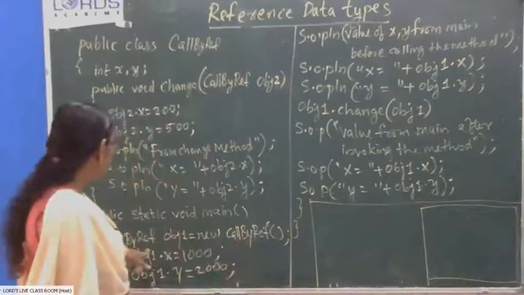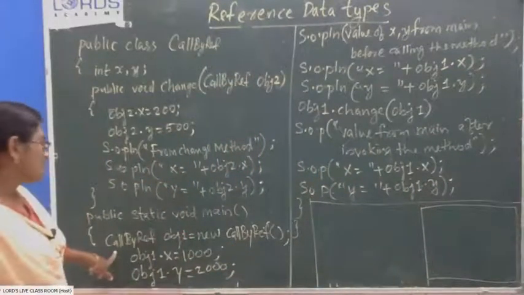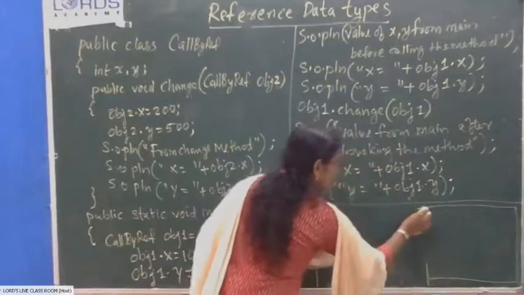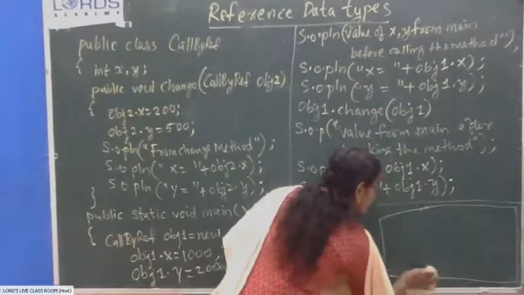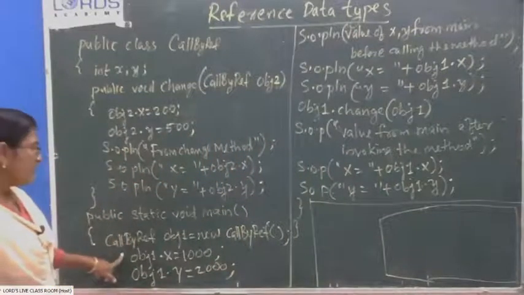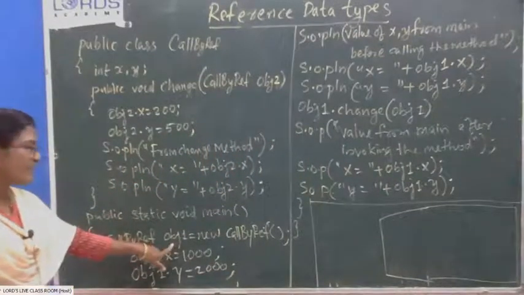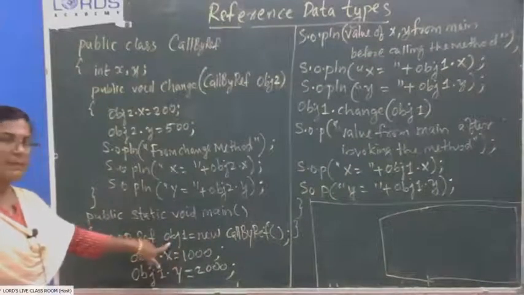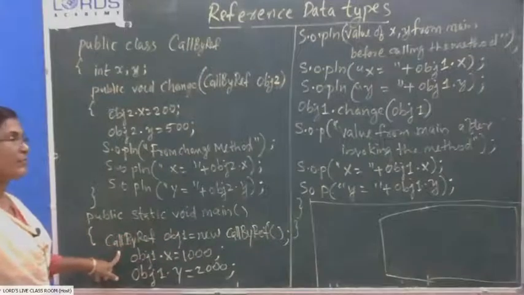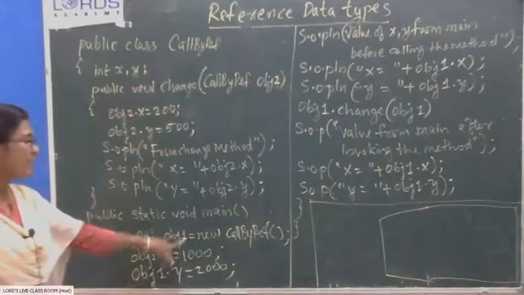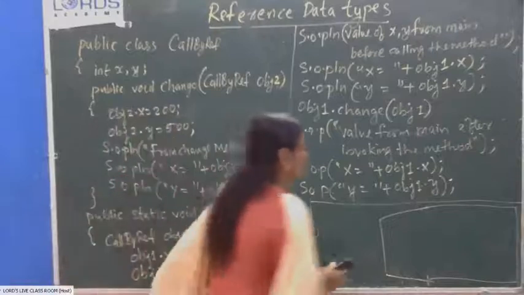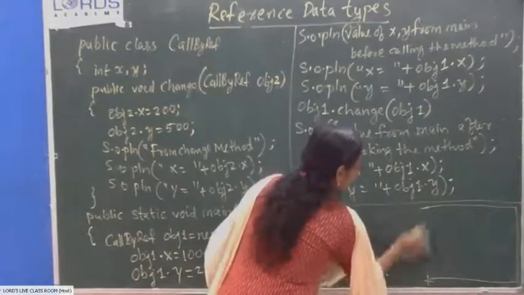In the memory, declare a variable with the name obj1 of type call by reference. This class type variable should be declared in the memory.